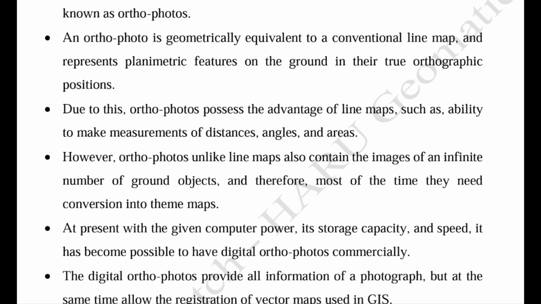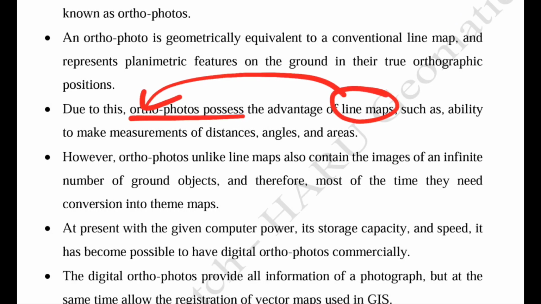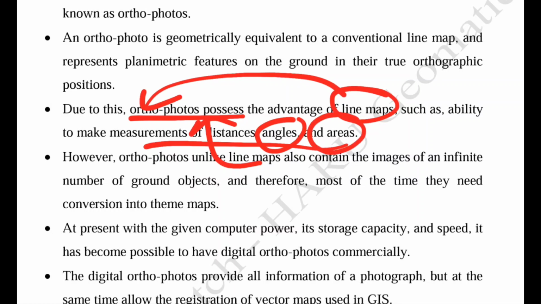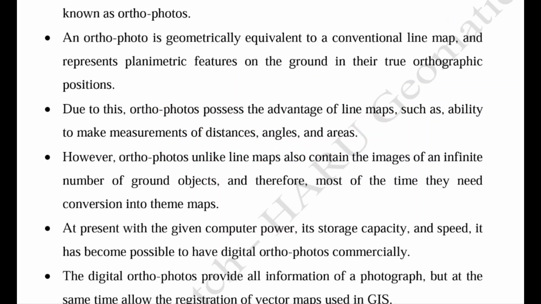Due to this, orthophotos possess the advantage of line maps, such as ability to make measurements of distance, angle and areas. So line maps are included in the orthophotos, which provide us the measurement of angle, distance and areas that can be measured accurately and easily.